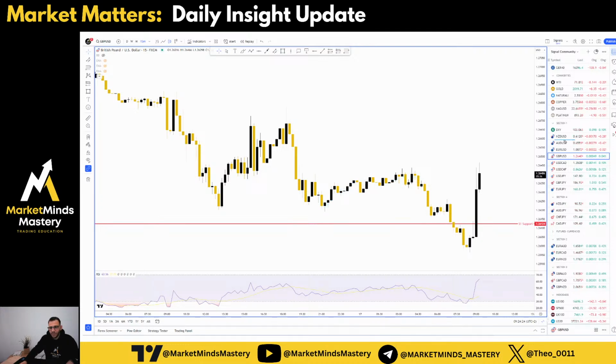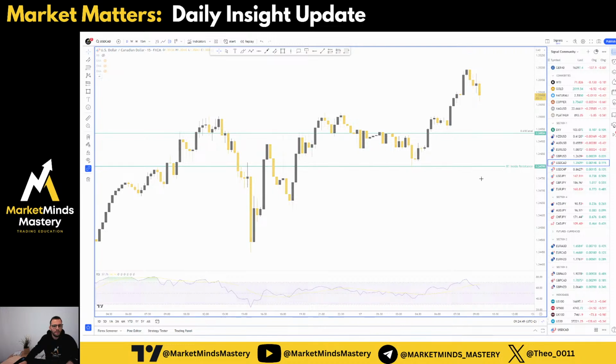But considering that all the majors are weakened compared to the US dollar, it might be better to look for a weak New Zealand or Australian dollar and try to trade long instead of trying to go short on this one.